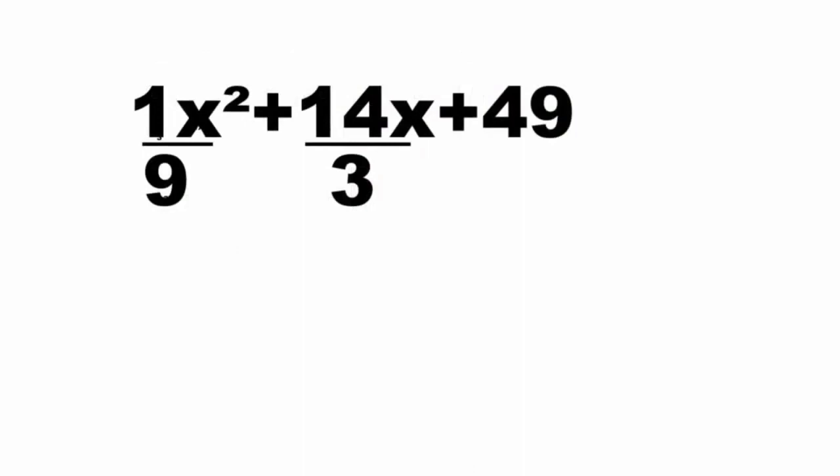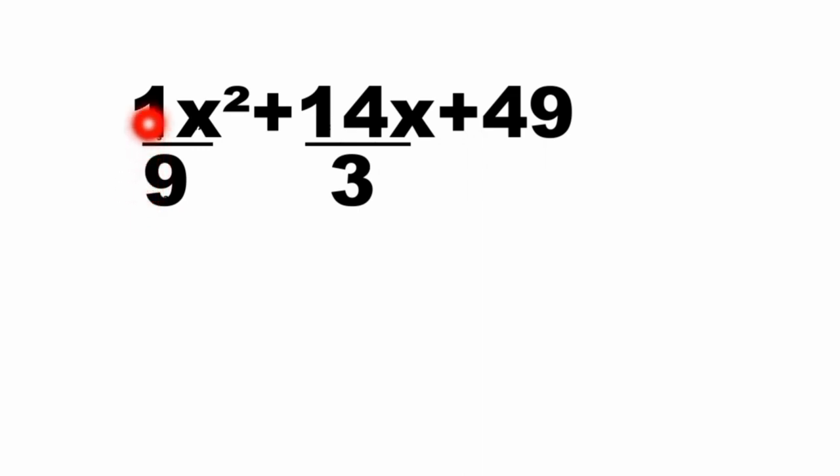And this time with fractions. This time we are going to discuss perfect trinomials with fractions. So we have here an example: 1x squared over 9 plus 14x over 3 plus 49.